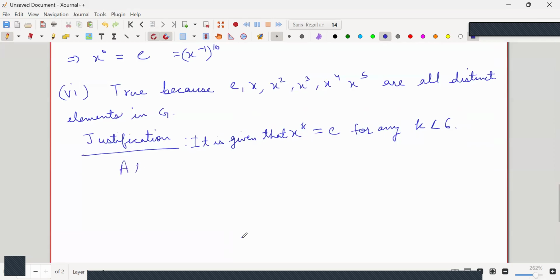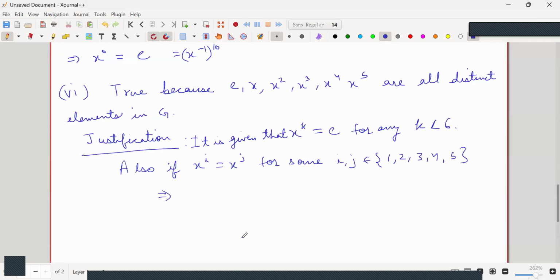Also, if x^i equals x^j for some i, j belonging to the index set 1, 2, 3, 4, 5, then what will happen?